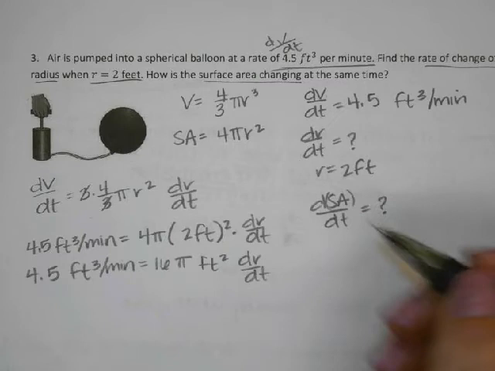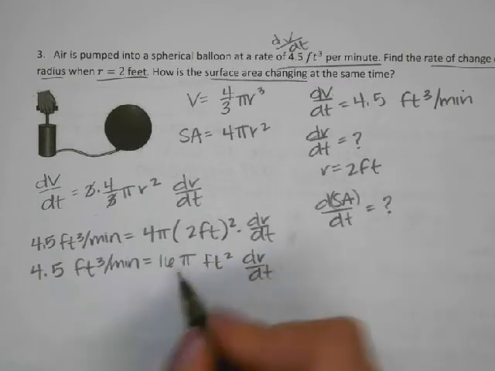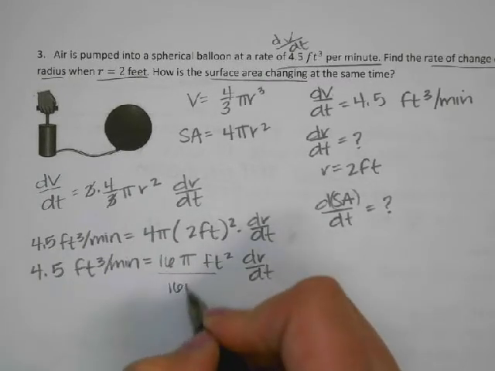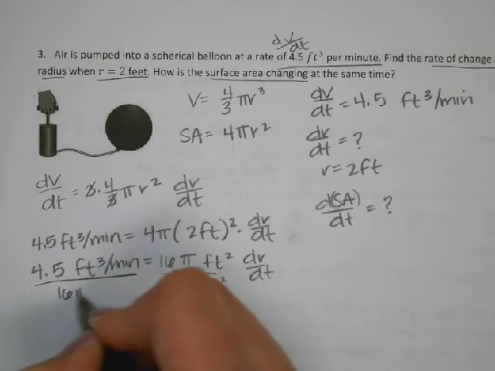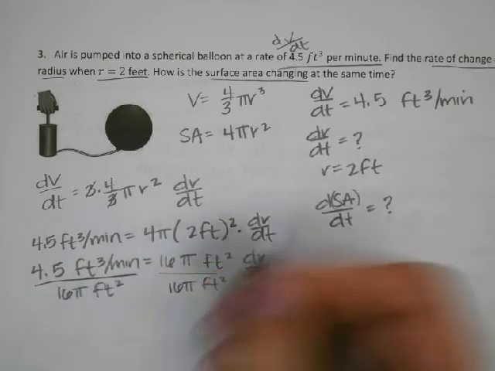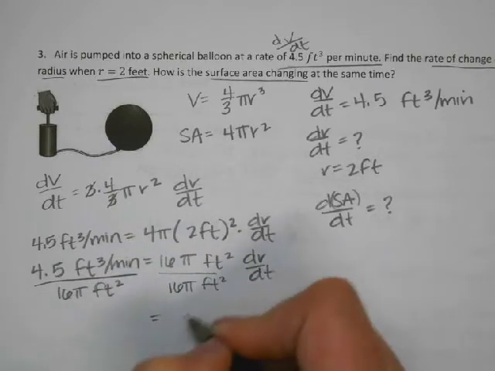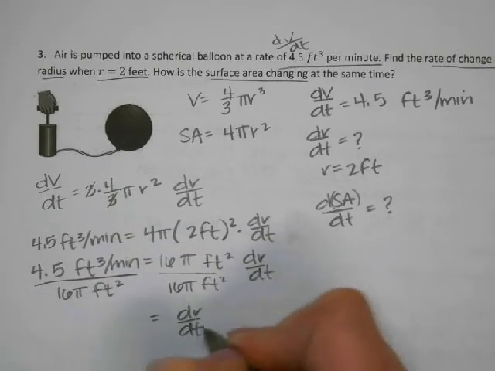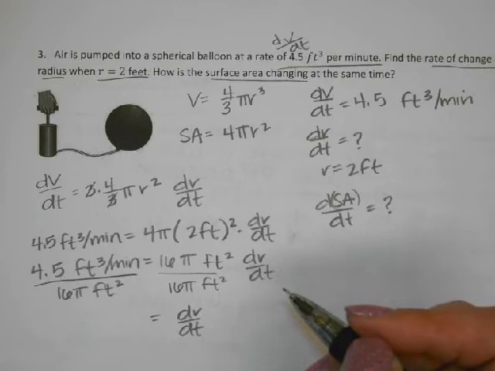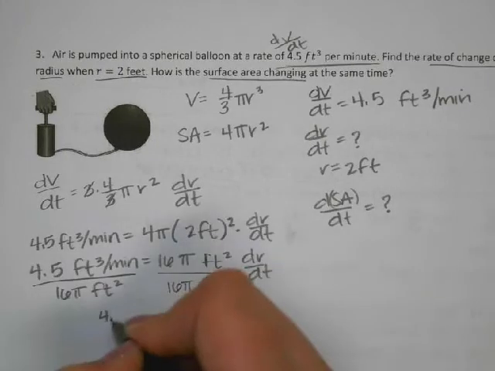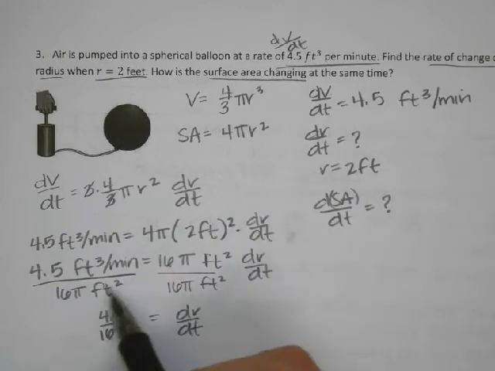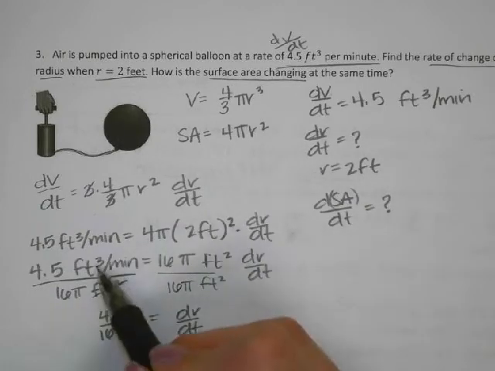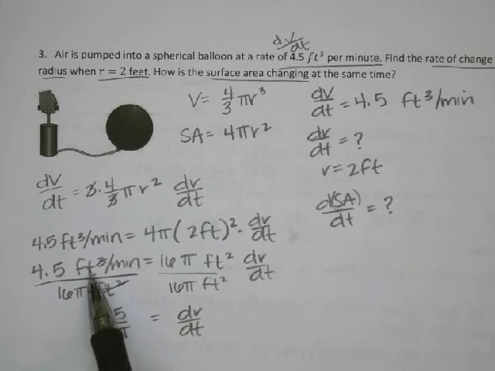And dr/dt is what we're solving for, so I need to go ahead and divide each side by 16 pi feet squared. And so I get that dr/dt is 4.5 over 16 pi. If I think about my units, the feet squared on the bottom are going to cancel with feet squared on the top, and it's just going to leave feet per minute.